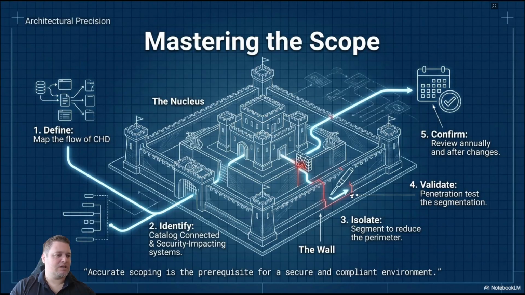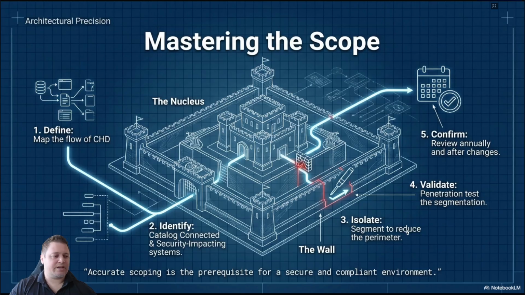VMs, etc. Then you need to isolate it, segment it to reduce the perimeter. Meaning you don't need to secure everything, but by segmenting it, you're taking this huge building of data, or your whole network, and segmenting it into a smaller piece.